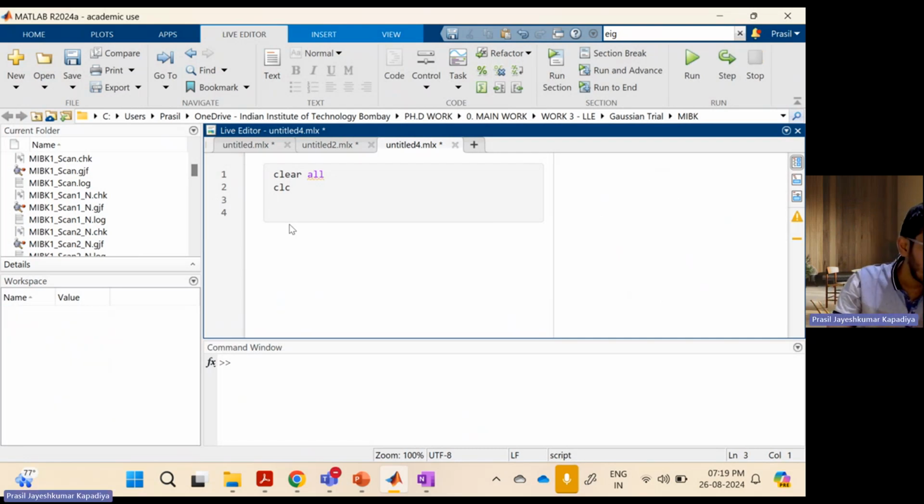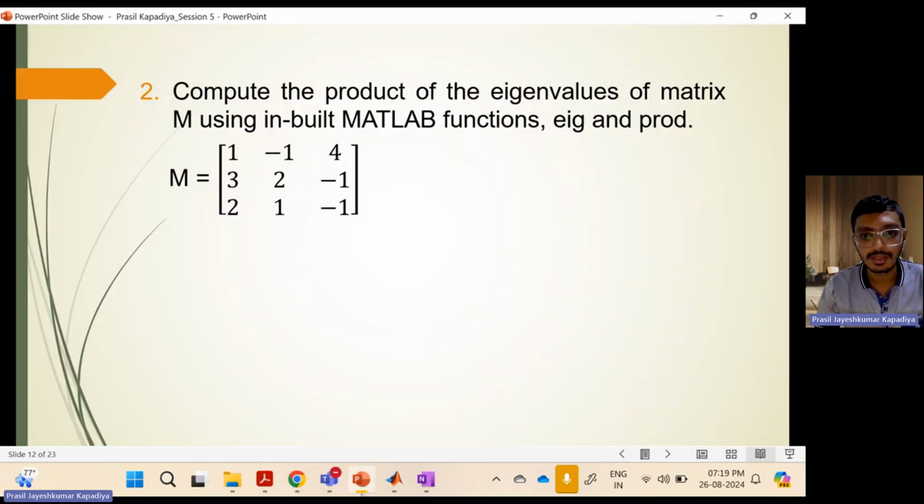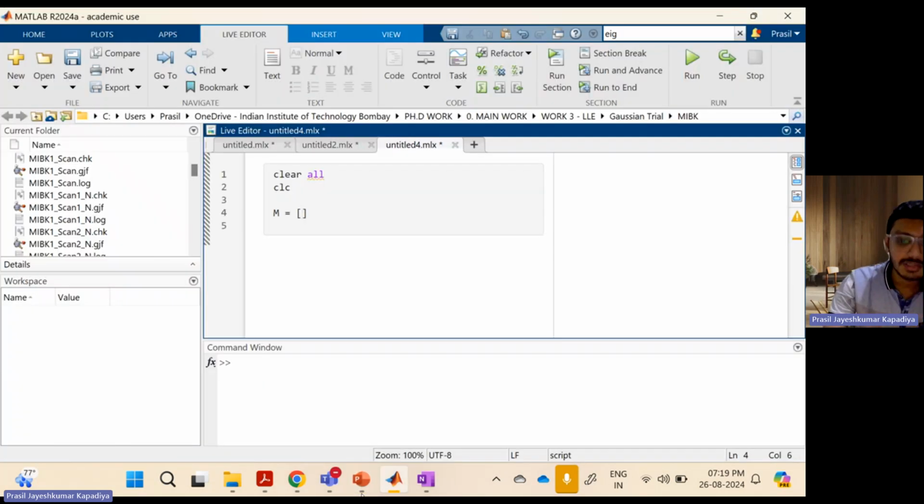Now I will first define my matrix M from the problem statement. That is 1, minus 1, 4, semicolon, 3, 2, minus 1, semicolon, 2, 1, minus 1. Now I want to find the eigenvalues of this matrix. So how will I find them?